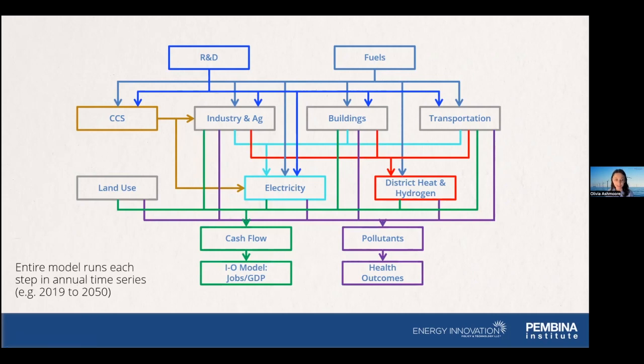This allows us to see differences in jobs and GDP under different policy scenarios. Our entire model runs in an annual time step, so you can produce outputs for every year between 2019 and 2050. I'm now going to hand it over to Jason, who's going to provide a demonstration of the tool and talk more about its uses.